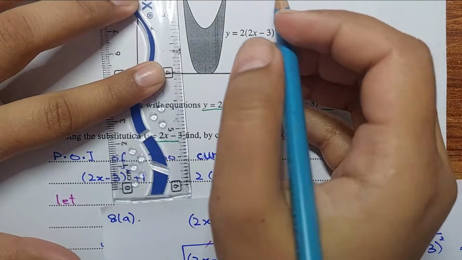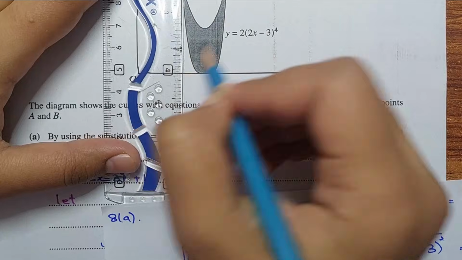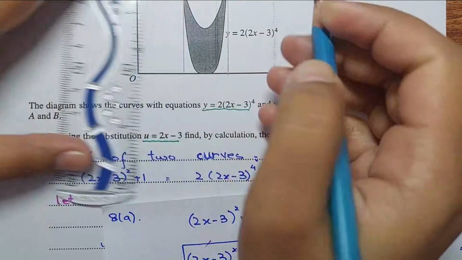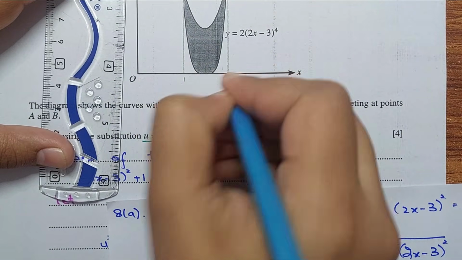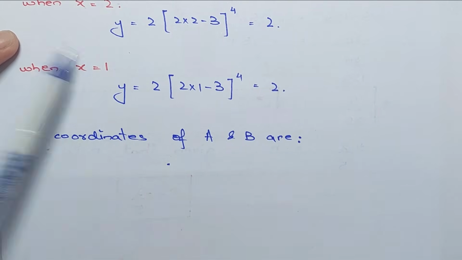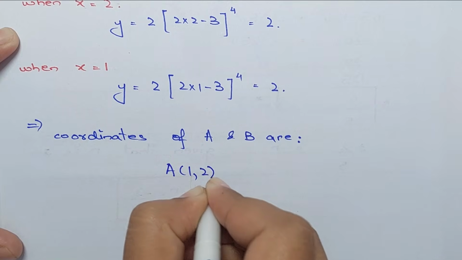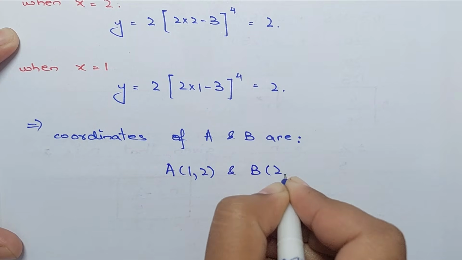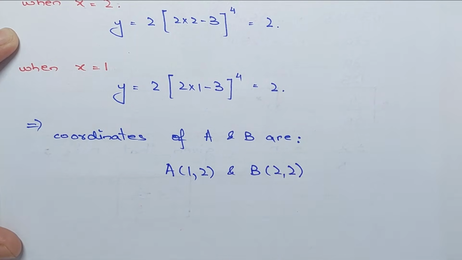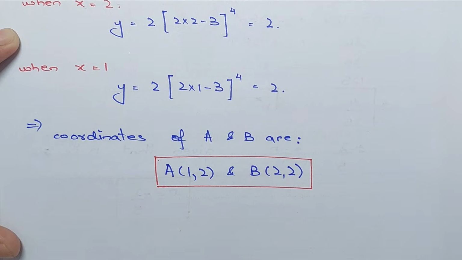Here the x coordinate is 1 and here the x coordinate is 2. So the coordinates of A are 1, 2. Sorry, A coordinates are 1, 2 and the B coordinates are 2, 2. So these are the coordinates for A and B, the points of intersection of the two curves.